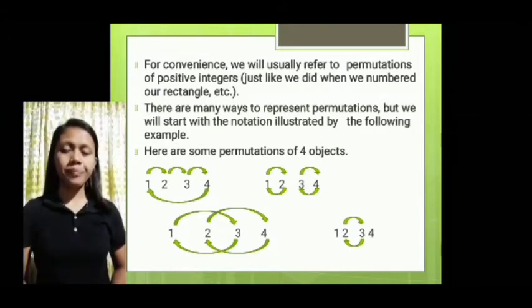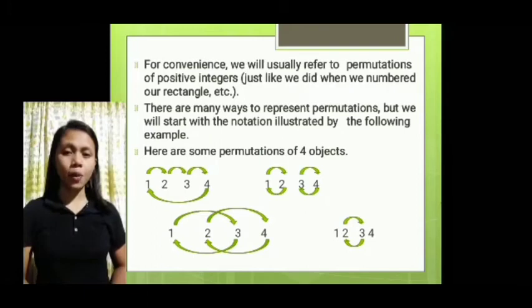There are many ways to represent permutations, but we will start with the notation illustrated by the following examples. Here are some permutations of 4 objects. 1 replaced by 2, 2 replaced by 3, 3 replaced by 4, and 4 replaced by 1.